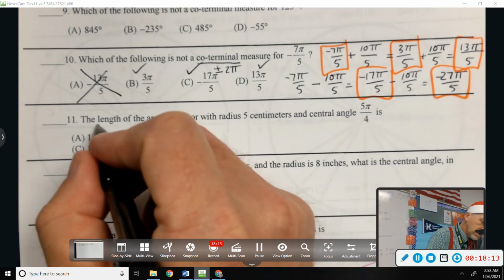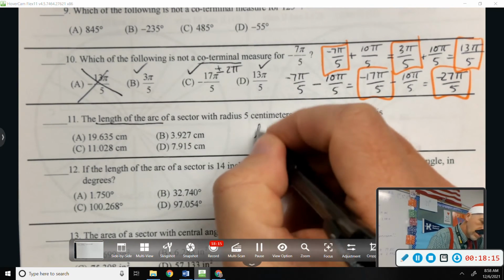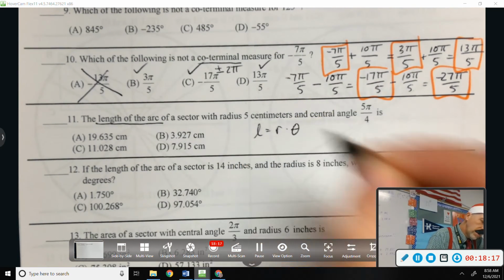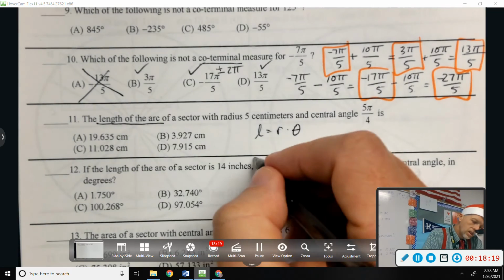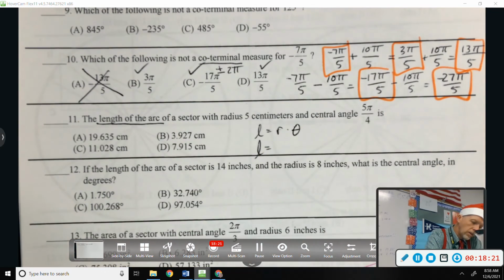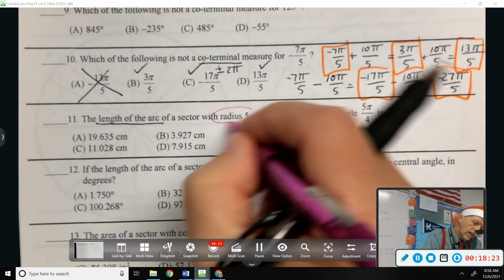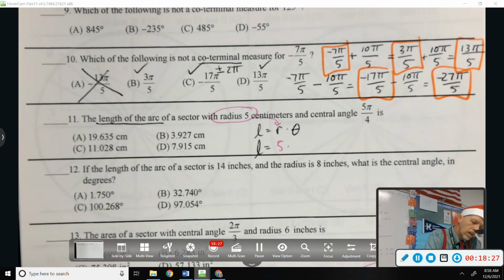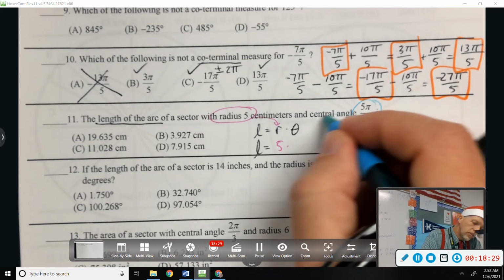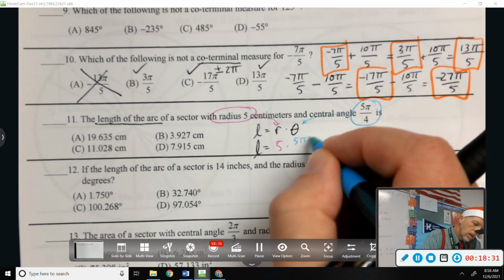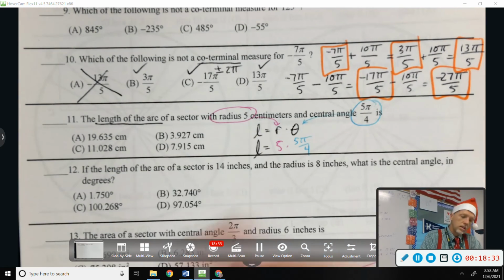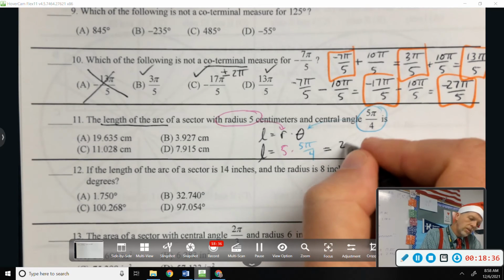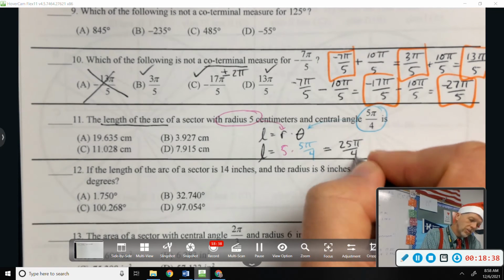Number 11, arc length equals r times theta. The radius is 5. The angle is 5 pi over 4. So that would be 25 pi over 4, although the answers don't look like that.